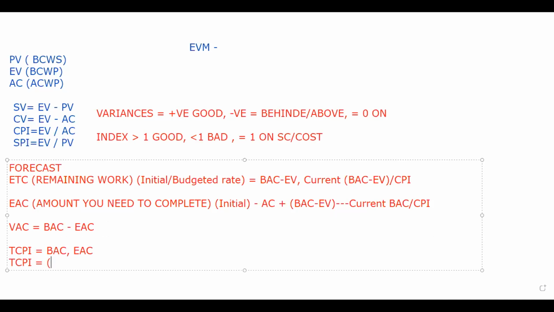The first part of the formula will be the ETC, budget at completion minus earned value, divided by, if it is by budget, budget minus actual cost. Otherwise, the formula will remain the same, BAC minus EV, and here BAC will be replaced by the EAC, and actual cost will remain in its place.